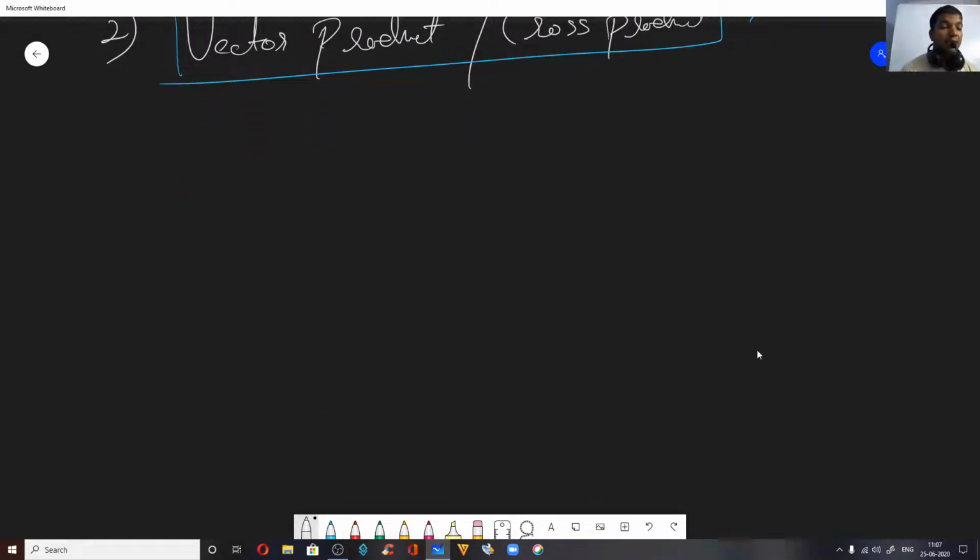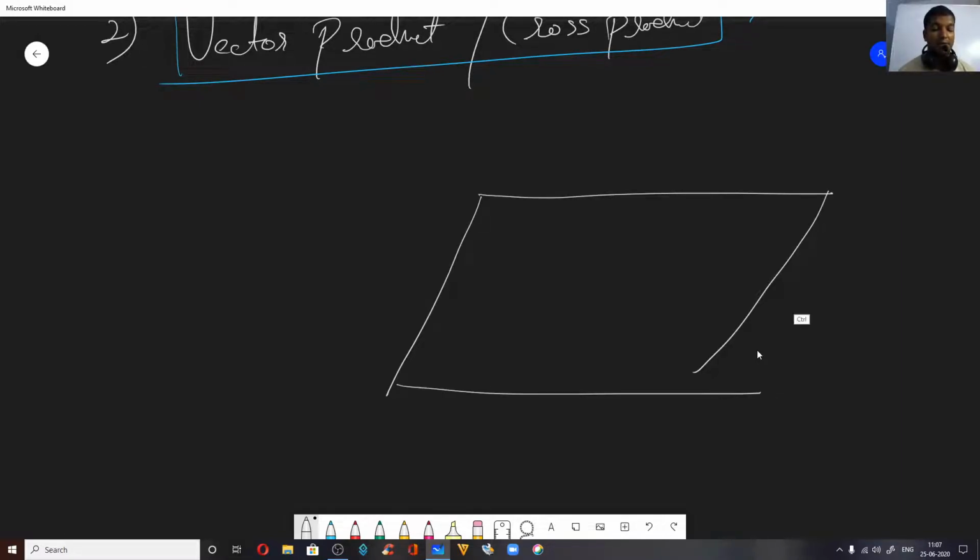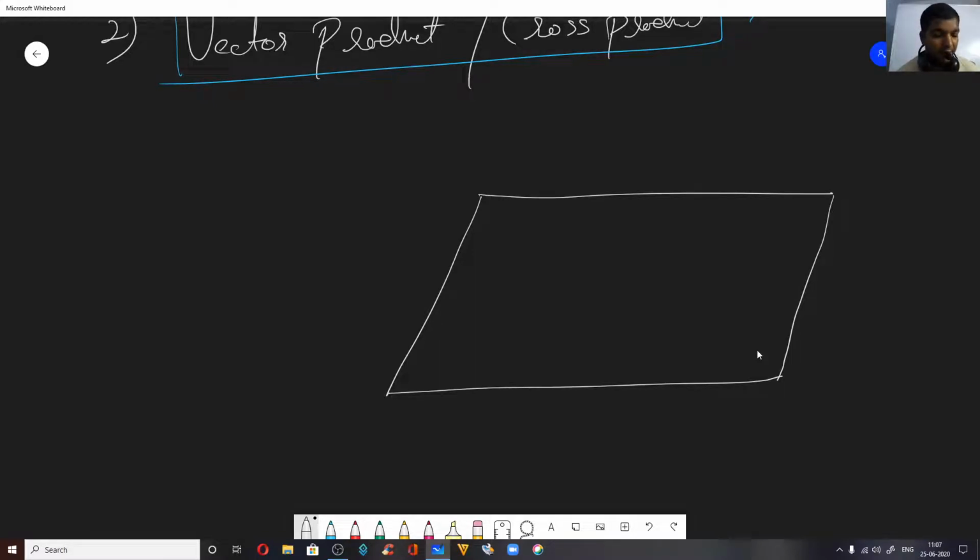Now say you have two vectors. For understanding vector product, we have to consider a plane. Say this is a horizontal plane. A very good example is the tabletop where you are sitting, or you can imagine the floor. Consider two vectors on the plane.